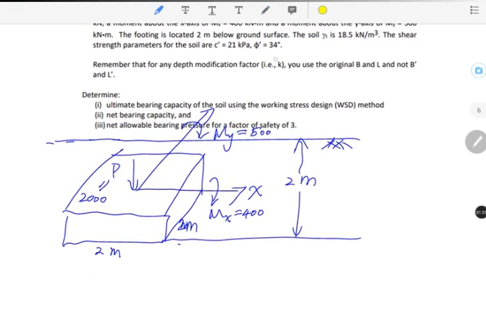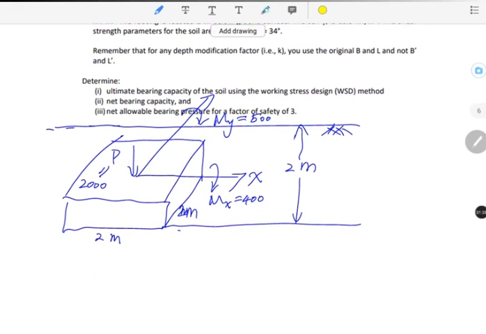But before we proceed to the determination of these bearing capacity factors and modification factors, we need to determine B prime and L prime.